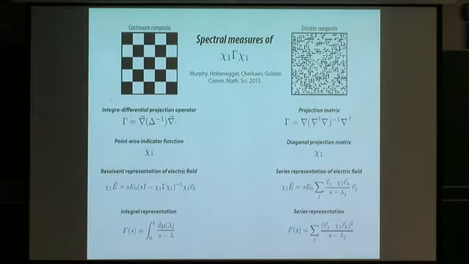Okay, spectral. So here's a continuum composite. Here's a discrete composite. Actually, this is a pretty heavy-duty paper that addresses some of the issues you're asking about, mapping the continuum problem over to the lattice problem. Here's the projection operator, projection matrix, this pointwise indicator function, and so on. This is the key resolvent representation.